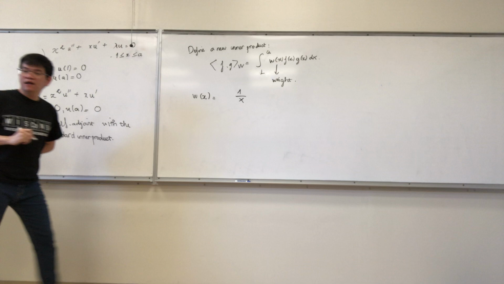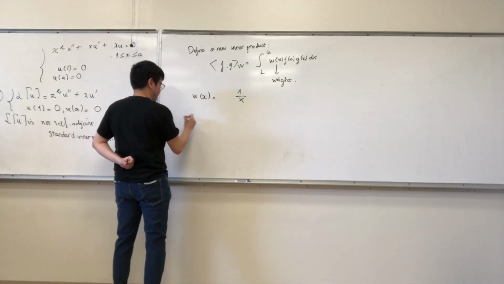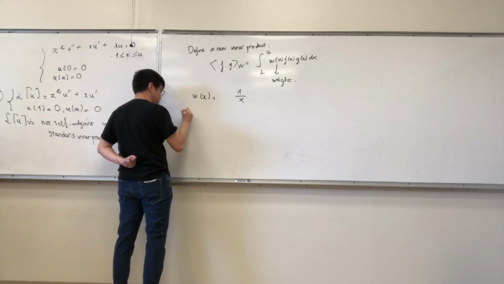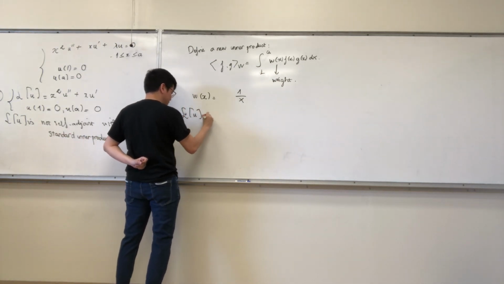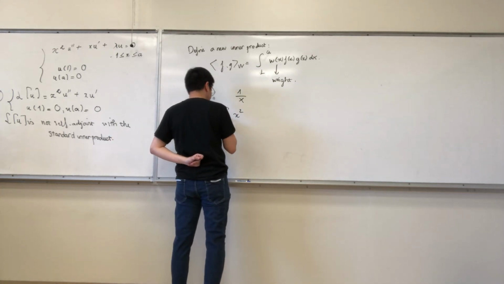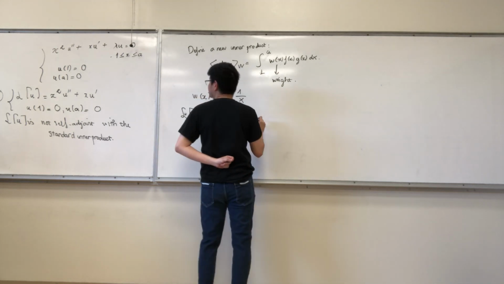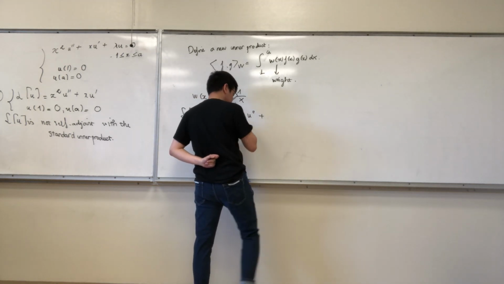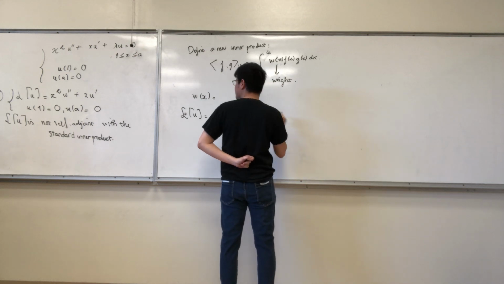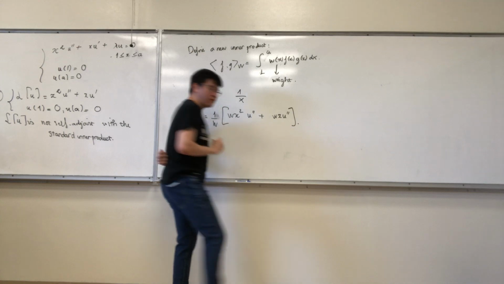So how do you find this? You want to write L u, and you divide both sides by w, right? x squared u double prime plus x u prime, with w.